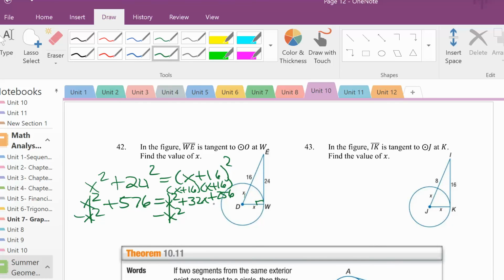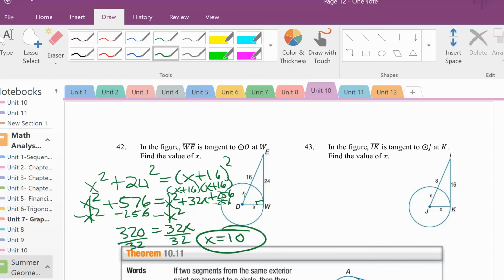And then when you subtract 256, you get that 320 equals 32X, divide by 32. So X is equal to 10.